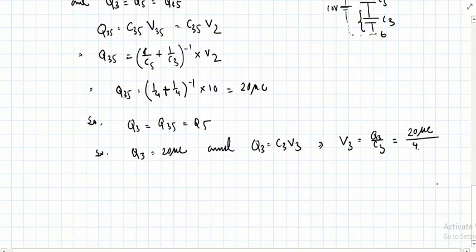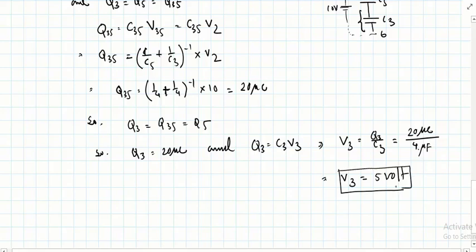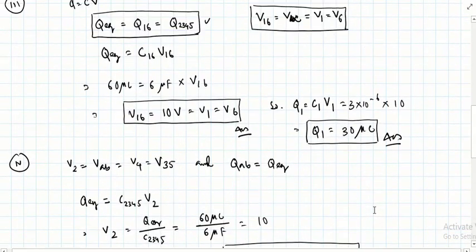So C3 would be 4 microfarad. In that case, you will find that V3 would be 5 volt. That should also be equally divided because C3 and C5 are equal, right?